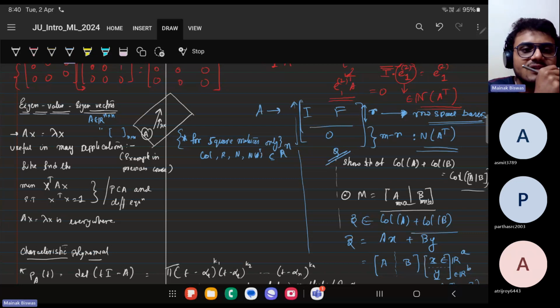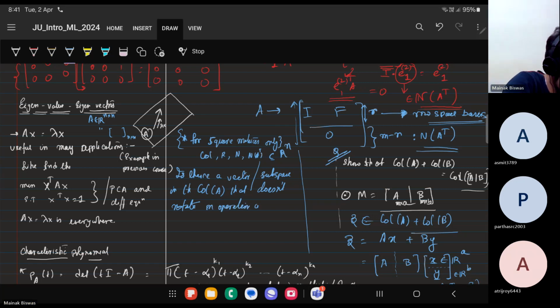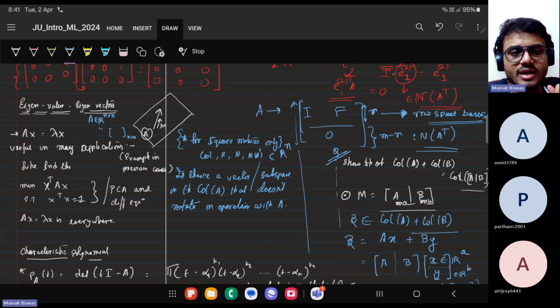Now I ask you, is there a vector or a subspace in the column space that does not rotate on operation with A? If I ask you this question, that there is a vector or subspace that does not have a rotation.